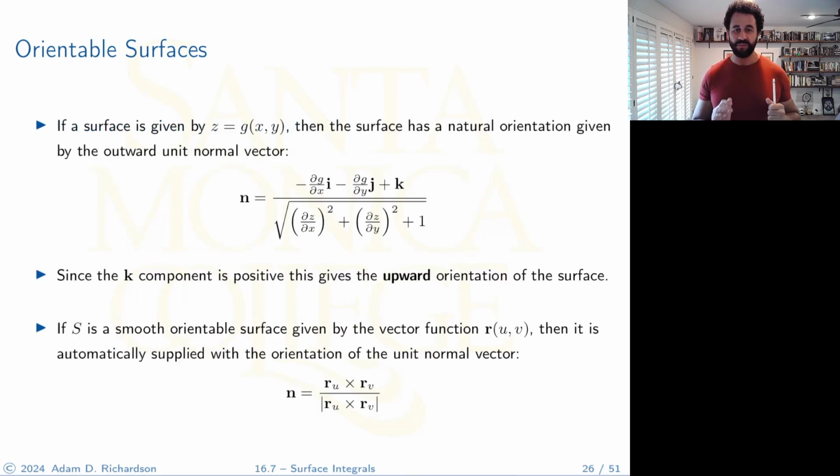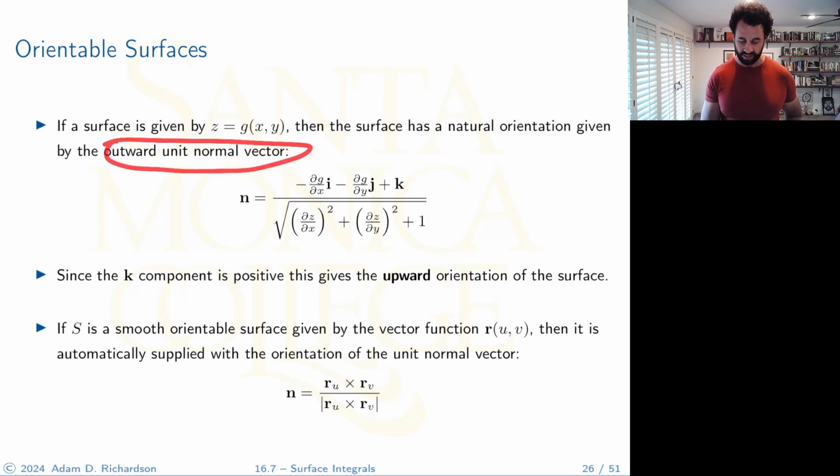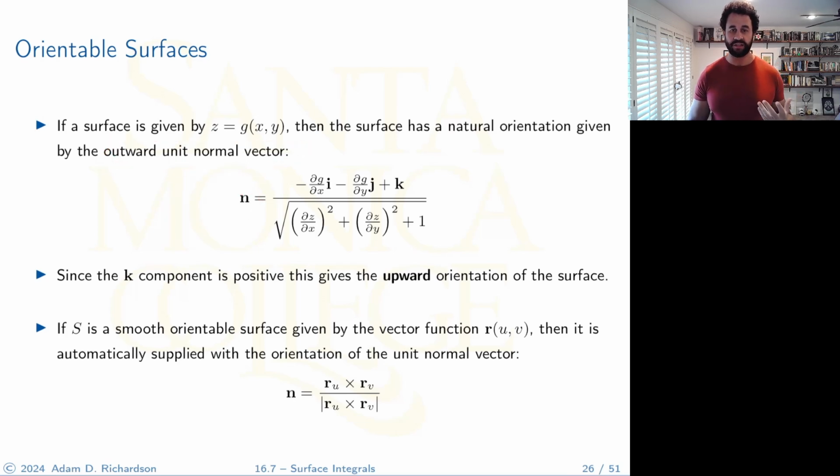All right, now, if your surface is given as a function of x and y, then the surface has a natural orientation given by the outward unit normal vector n. So this one is actually a unit normal vector. If you remember from the previous lecture, and then also I think I said it earlier today, this will give you an outward normal vector, but it's not a unit vector.